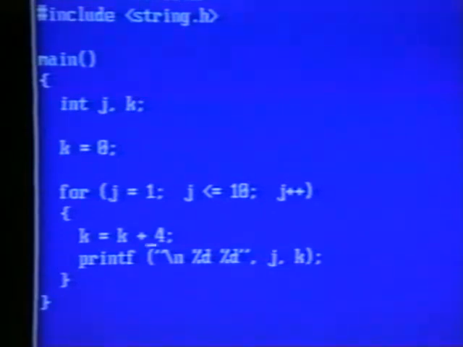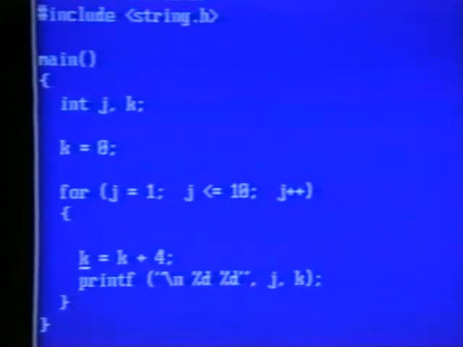Now in this loop, we will look at a couple of other program control statements. There is a break statement that can be used to exit a for loop, a while loop, or other loops. To do this, we will use the if statement. If J is greater than 5, break.